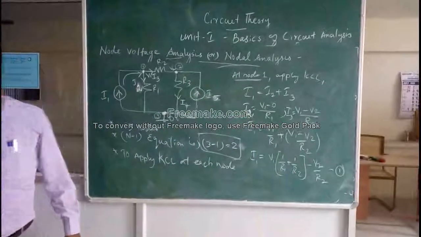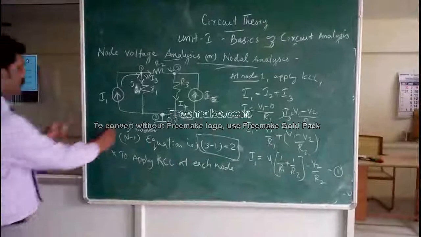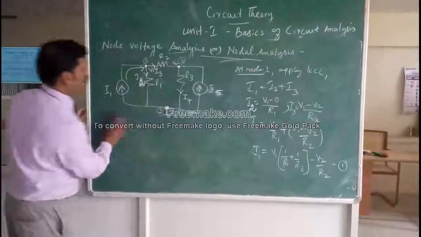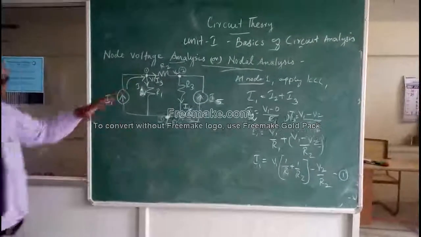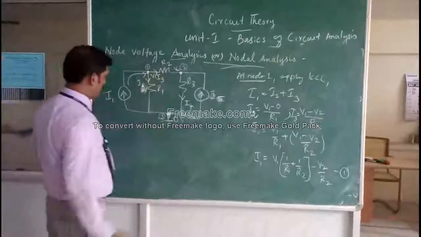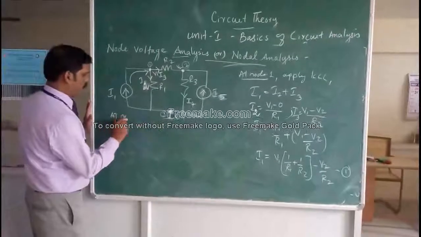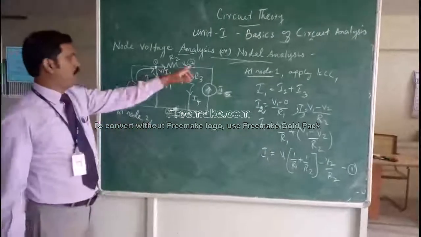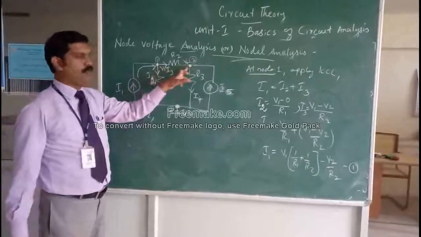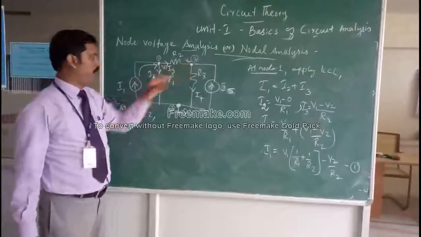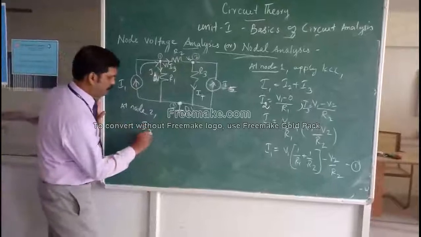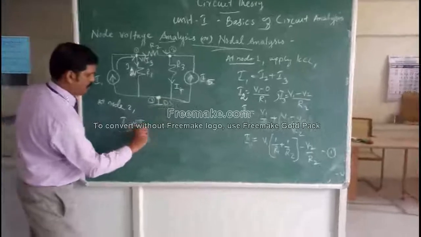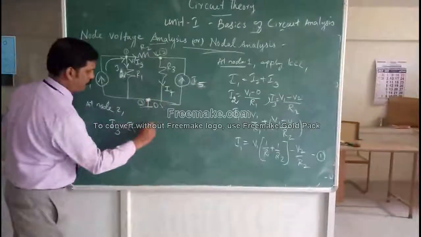Now let us go to the second node and find the equation at node 2. Apply Kirchhoff's current law at node 2. I3 is an incoming current, and at the same time I5 is also an incoming current, and it is equal to I4.